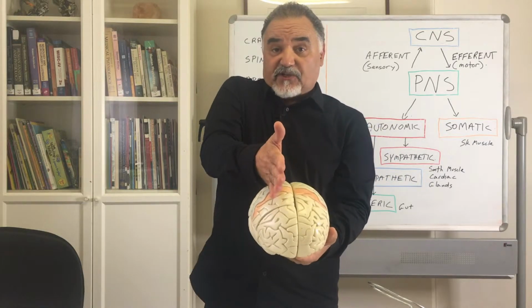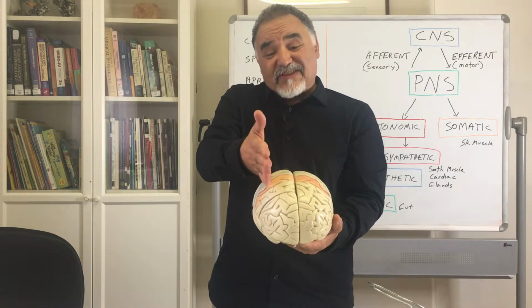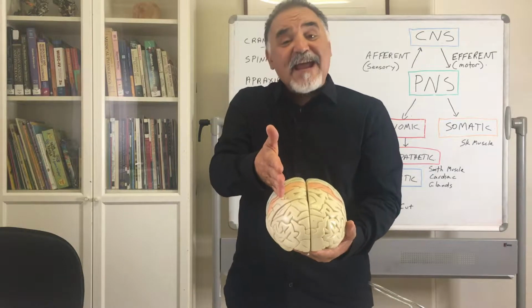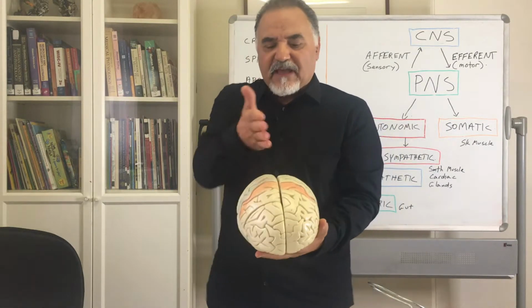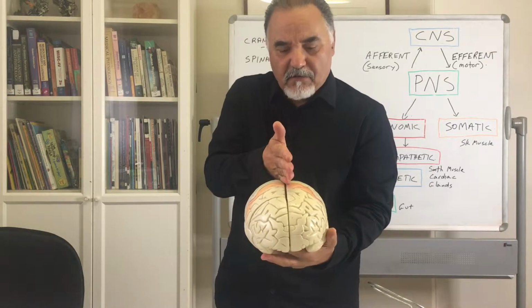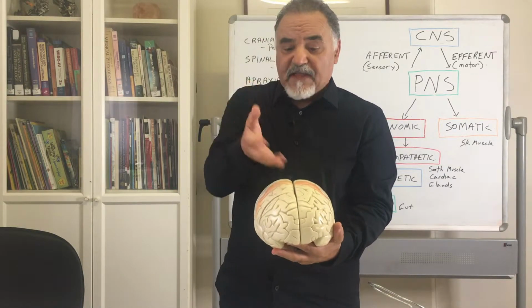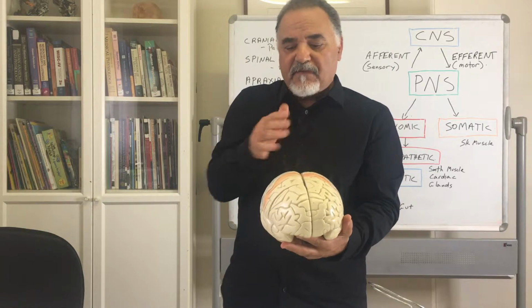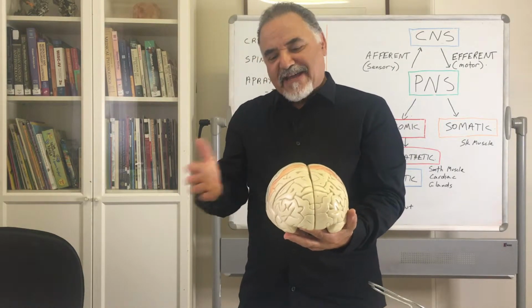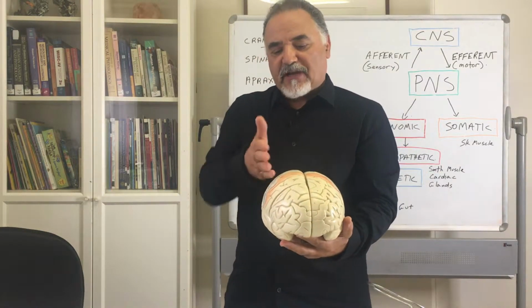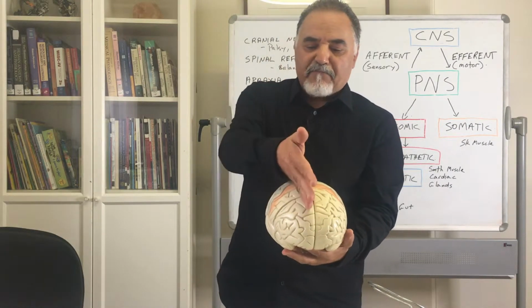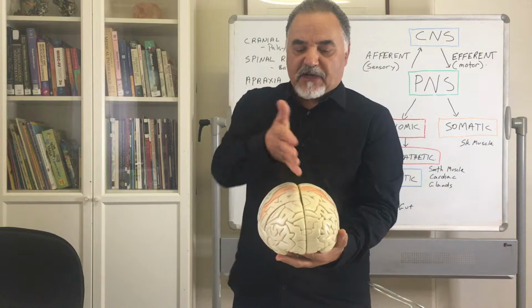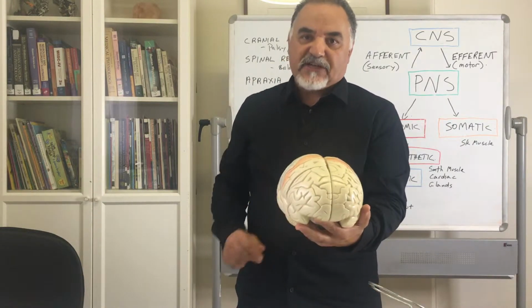You can have a sagittal section towards the side, and that would be lateral. In the middle is medial. Right in the middle, it's mid. Towards the middle, it's medial. Towards the sides, it's lateral. So you can have a lateral sagittal section, a medial sagittal section, or a mid-sagittal section.